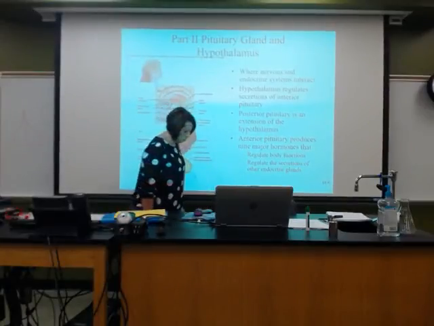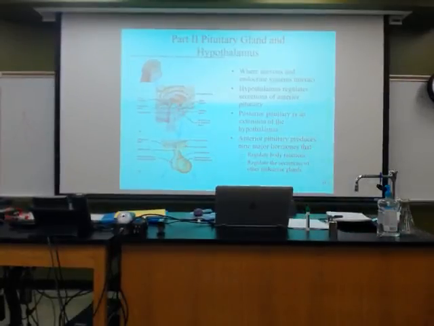What's the difference being told right there? What's it telling me about the tissue makeup? The hypothalamus regulates secretion of the anterior. It's dominant. But the cell makeup, what am I being told about the cellular makeup between the anterior and the posterior?